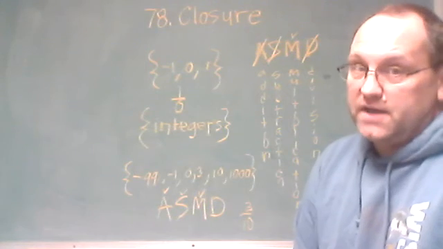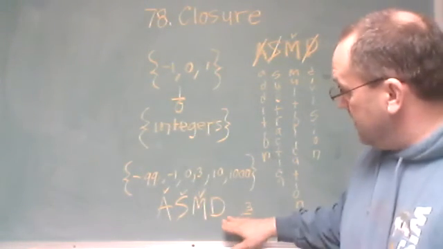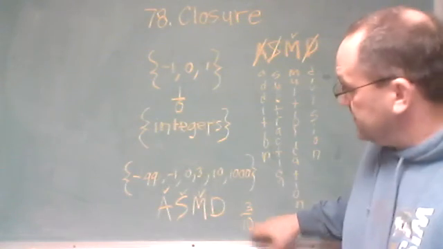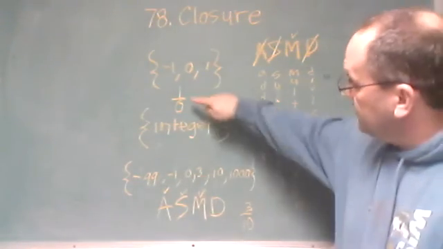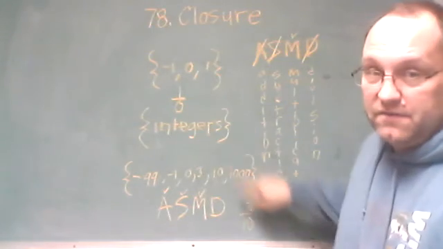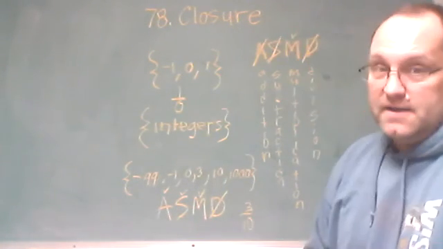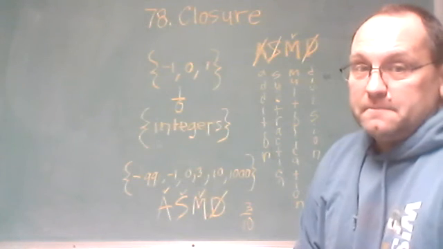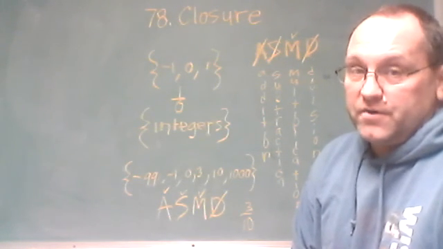It can't be expressed as a whole integer. Okay, it is a real number, but it's a fraction, a quotient. It's not a member of the set of integers. So we have two exceptions we've found with division. So we would slash through that and say the set is not closed for the operation of division.